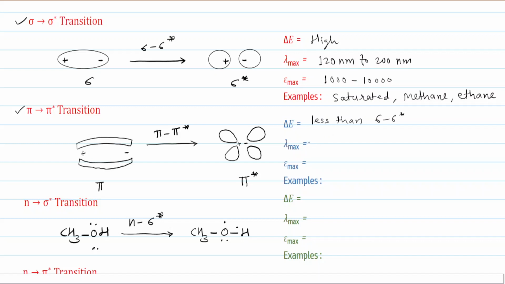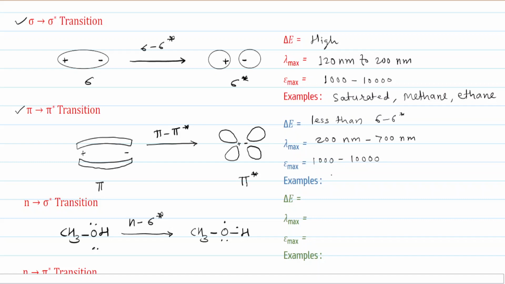Here, as the energy required is less, the lambda max, that is the wavelength, is around 200 nanometer up to 700 nanometer. It depends upon the structure. So when there are more multiple bonds in a compound, the lambda max shifts towards 700 nanometers. Here molar absorptivity, that is epsilon max, is found to be once again 1000 up to 10,000.